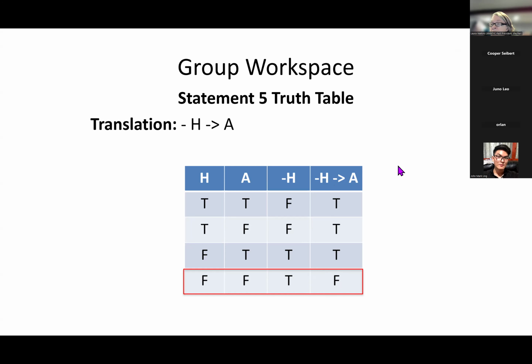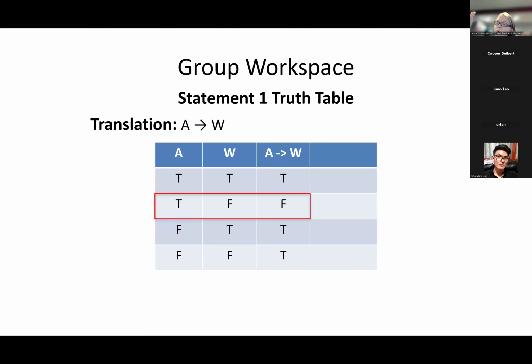So then, moving on to another truth table that was helpful. That's back to table 1, where if it was Alice, then the tool was the wrench. And if we look at this table, the only way this fails to be true is if Alice is guilty and the tool is not the wrench.